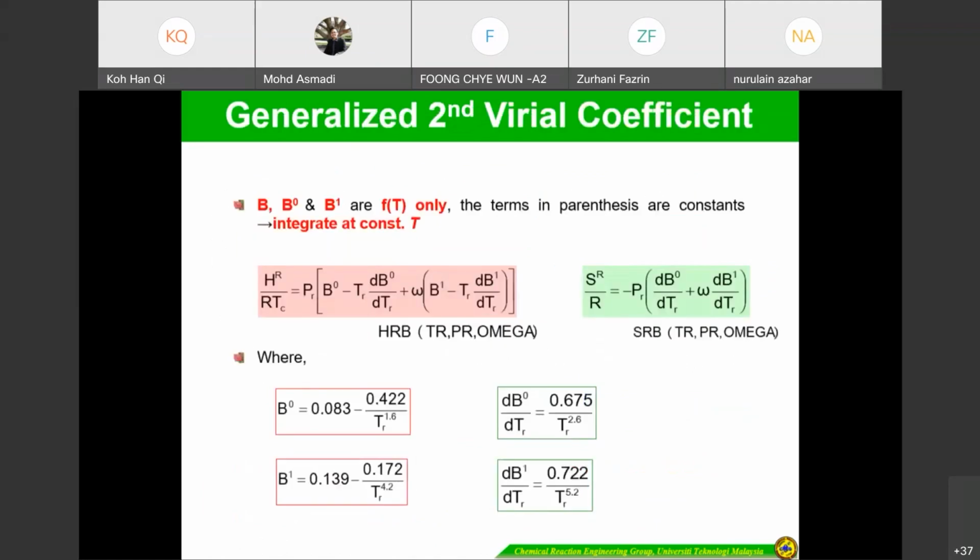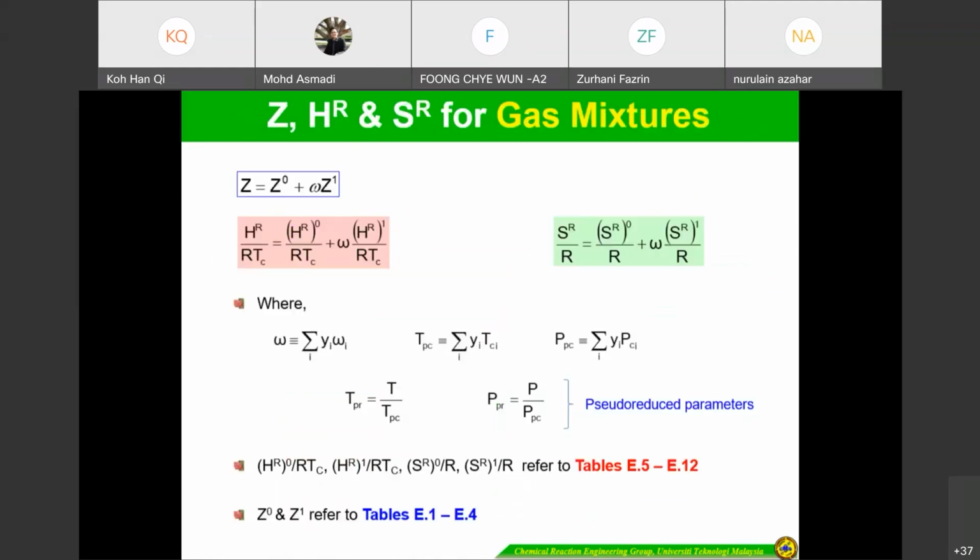That one is for a single component. If there is a gas mixture, you have to remember that. For example, you have H2, CO, and CO2 in the system. If you want to use virial coefficients, you have to determine the summation.